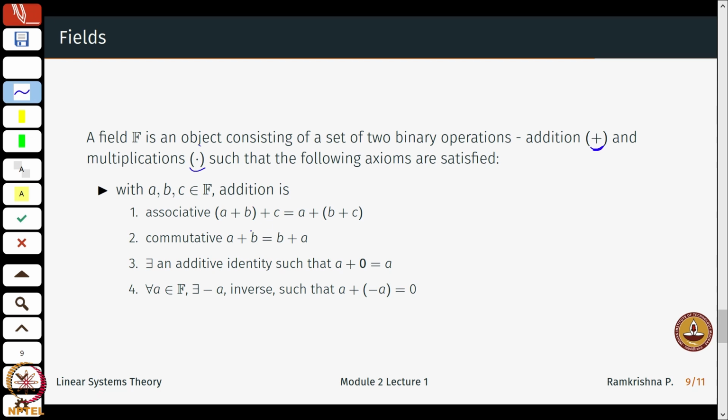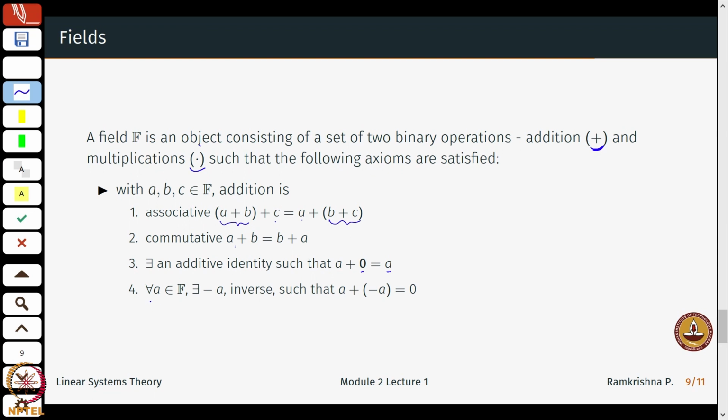Associative property: you add up a plus b and then add c, which is the same as first adding b and c and adding a to it. Commutative: a plus b is equal to b plus a. Might sound trivial, but there are some interesting things that will go on over here. There will always exist an additive identity such that a plus 0 gives me the same point a.